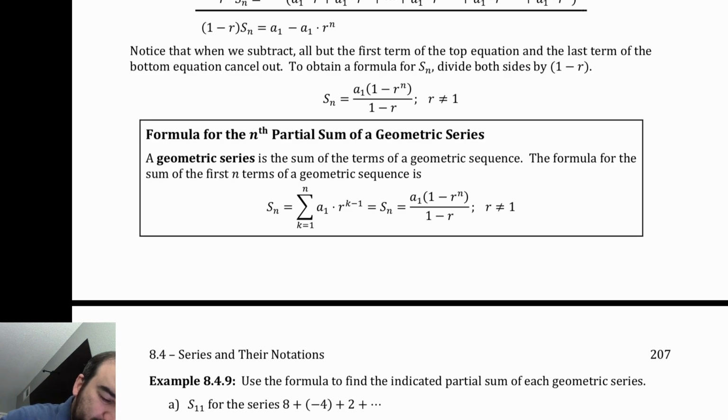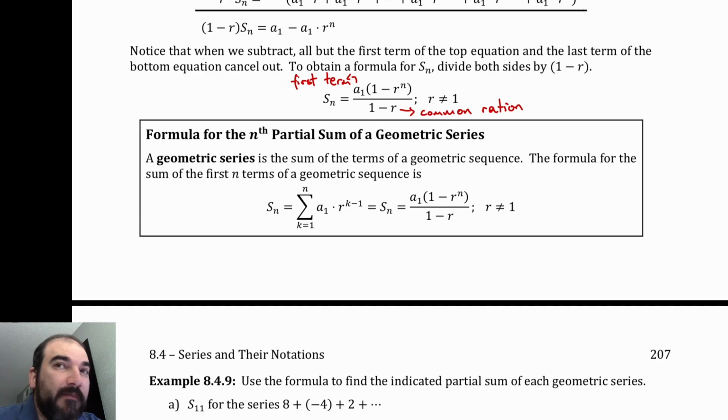This is the formula here in this box. You can also find it here. I'll write about what the pieces are here. This A1 we know is the first term. We know that R, both of these R's, I guess I'll just point to this one down here, R is the common ratio, because with a geometric sequence, we don't have a common difference, but we have a common ratio, which is what we're multiplying by each time to get from one term to the next.